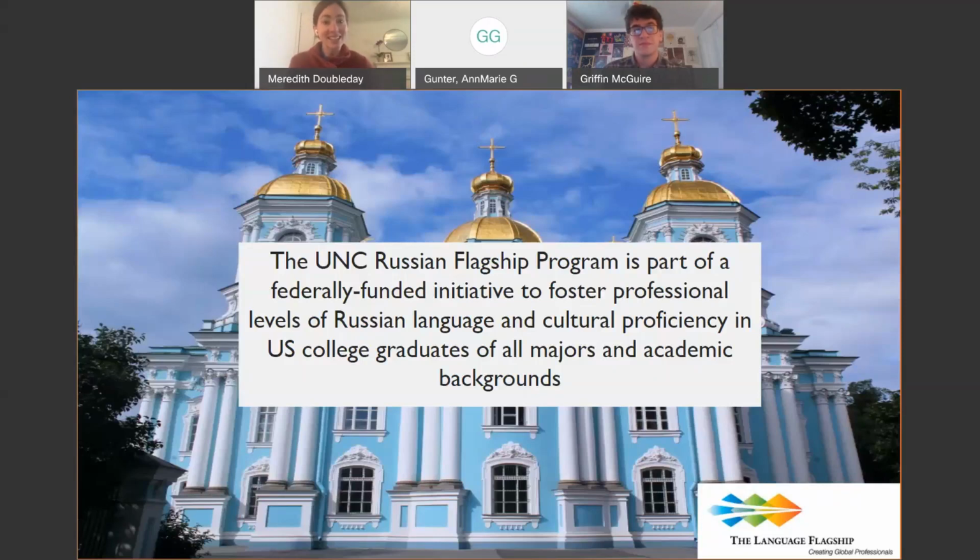If that is the case, that's fantastic. But this program is meant to complement all the other interests that your students have and really create global professionals out of them, make them ready for the 21st century workforce through all of the different events and communities that they engage with.